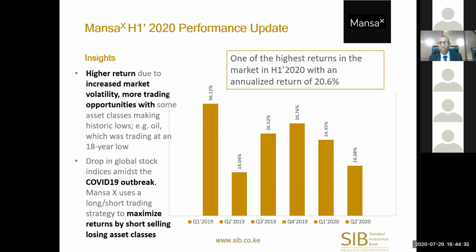But then the second quarter of 2020, I'd say, had a lower return, again, because the lockdown in most global trading centers meant that volatility in most markets actually died out. This is actually not a good thing for us. So as investors in Mansa X, whenever you see a lot of volatility in markets, you should probably be expecting a much higher return from us. And this is manifested, as you can see on the returns on your screen.